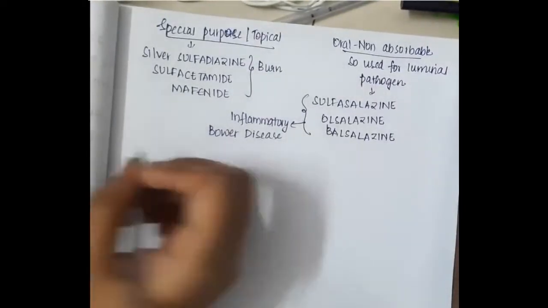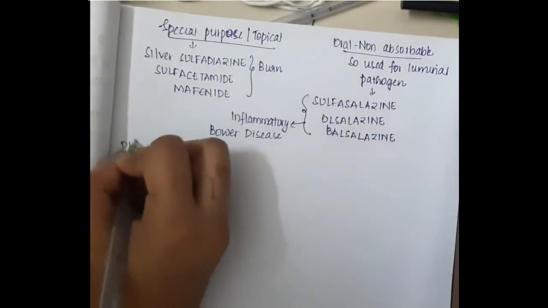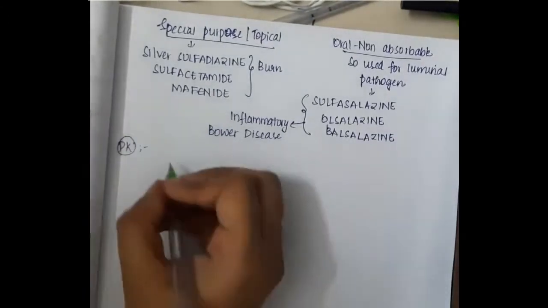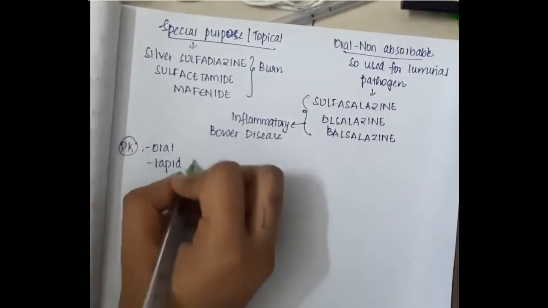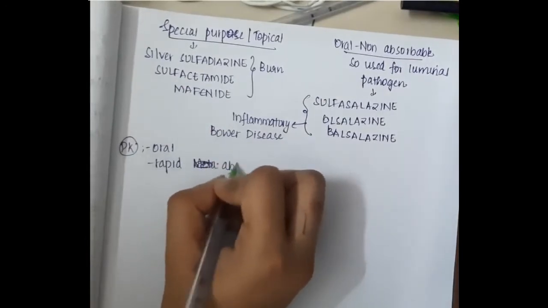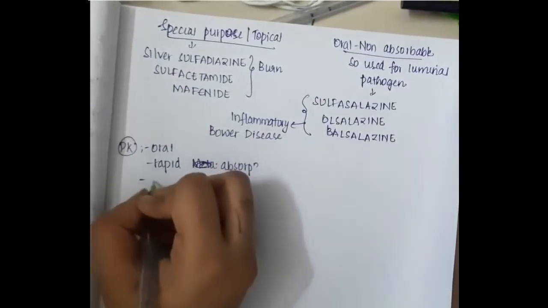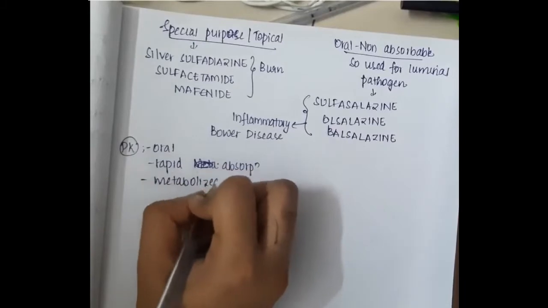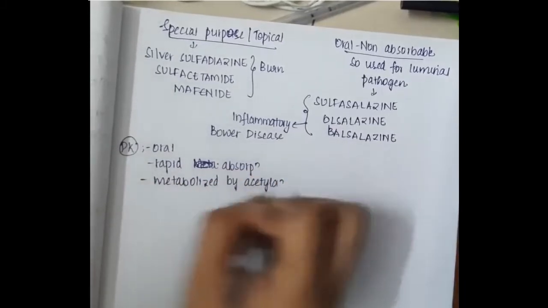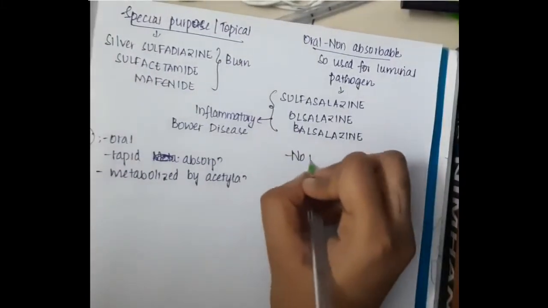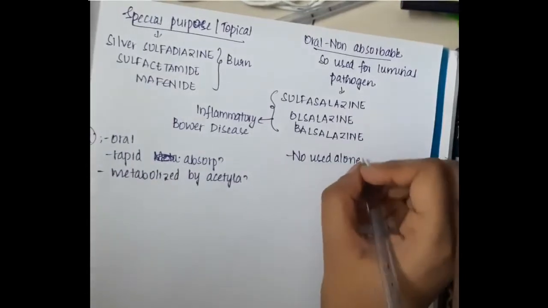Then if you see the pharmacokinetics, these are oral drugs which have rapid absorption, and they are metabolized by acetylation. These drugs are not used alone.